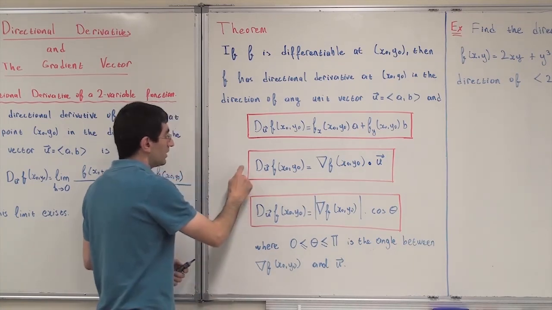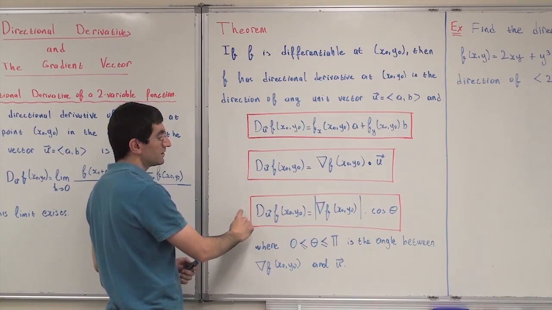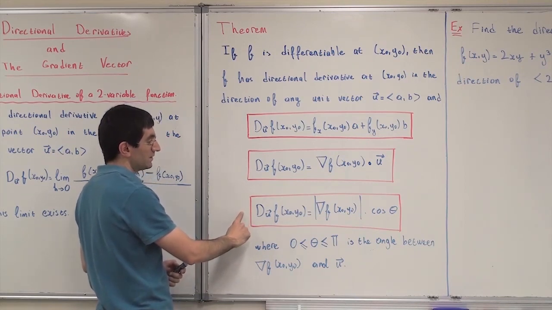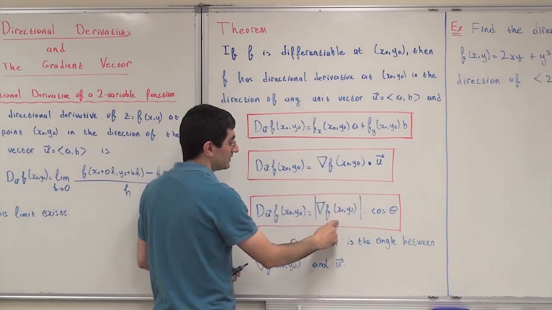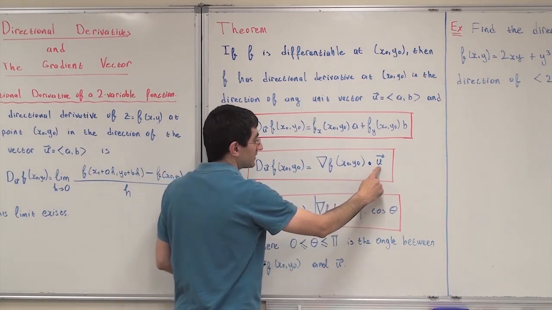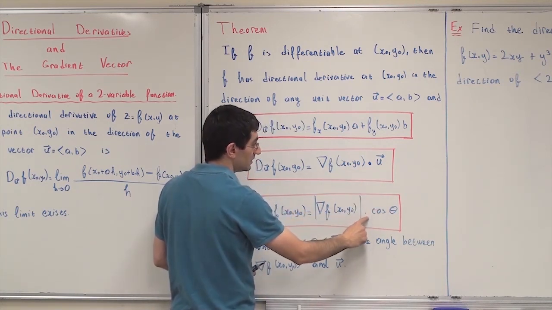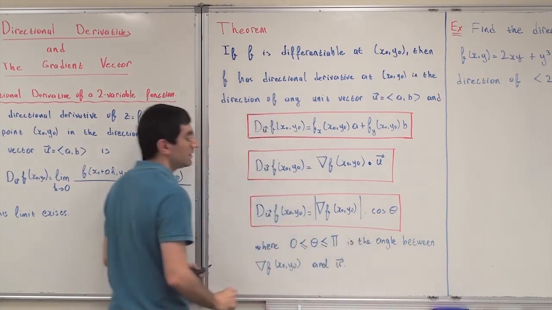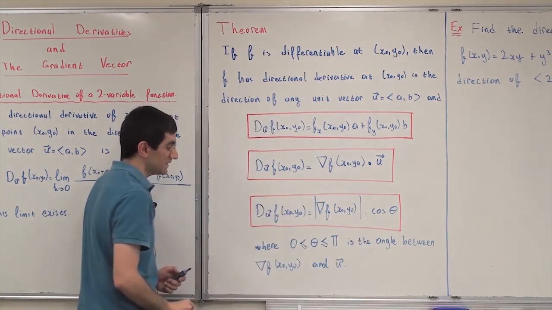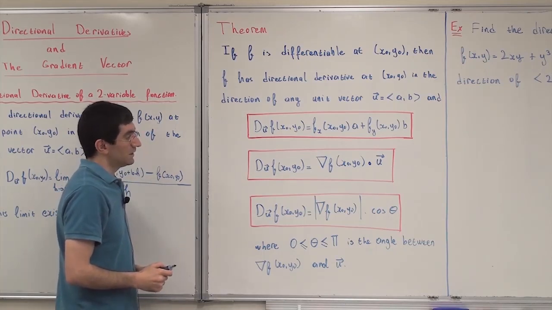Now, we can rewrite the dot product using the angle between the vectors. So it is the magnitude of the gradient vector times the magnitude of the vector u, which is 1 since it is the unit vector, times cosine theta, where theta is the angle between these two vectors.